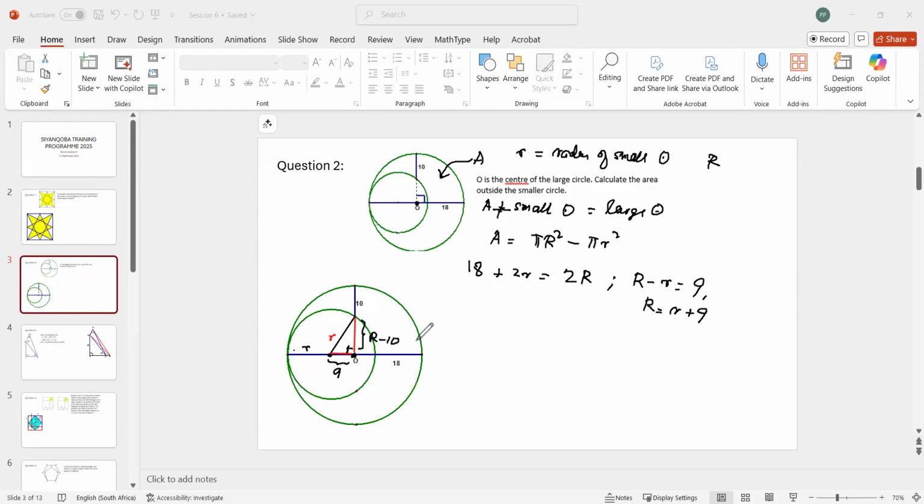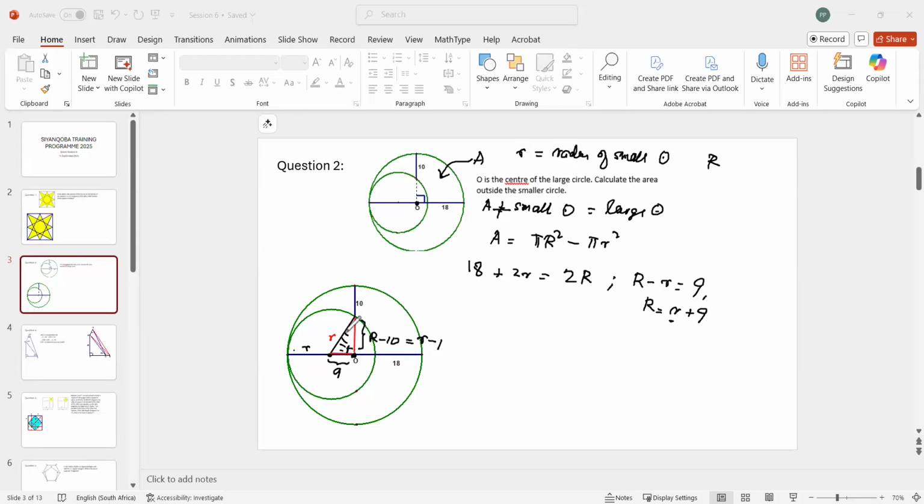All right, so we've got the sides of this right angle triangle. Capital R we know is in terms of small r. I told you earlier on, capital R is not there anymore because you can write it in terms of small r. So capital R is r plus 9 minus 10, so it's r minus 1. 9 minus 10 is negative 1.